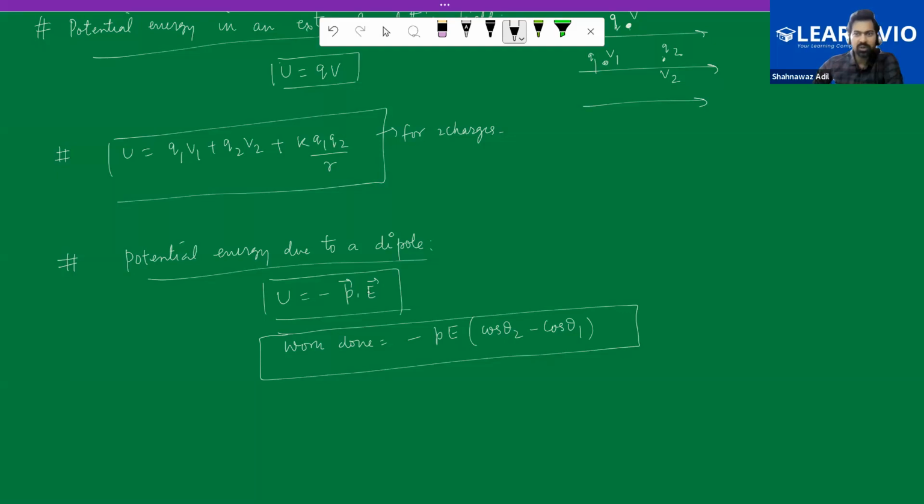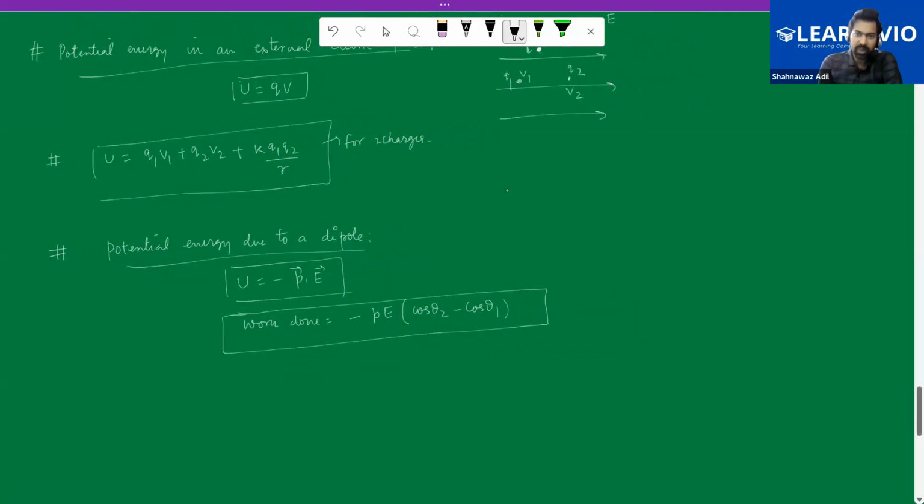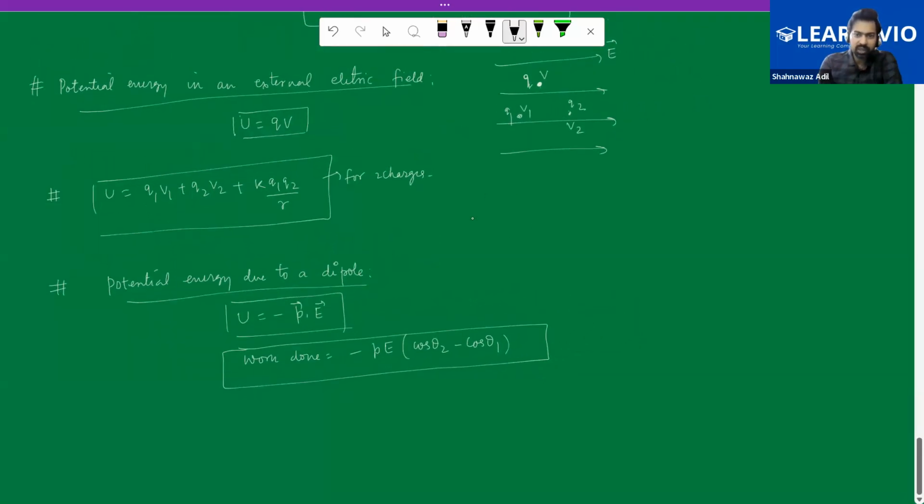And then I'll talk about the capacitor. So first, you guys quickly note down this part. And then I'll talk about capacitor, and then we'll do some questions of capacitor. And then we'll start the electric current chapter. So quickly note down these things.